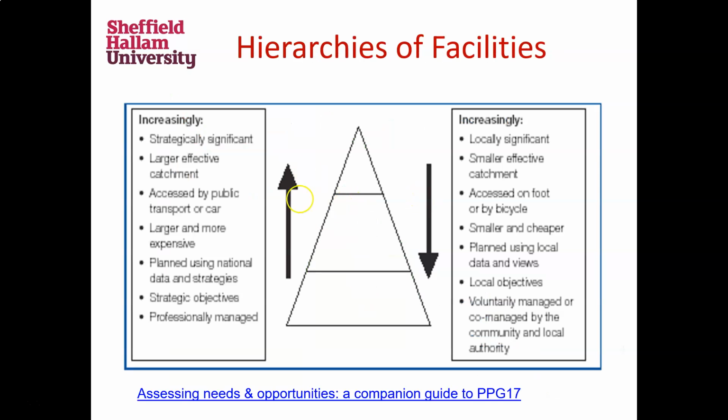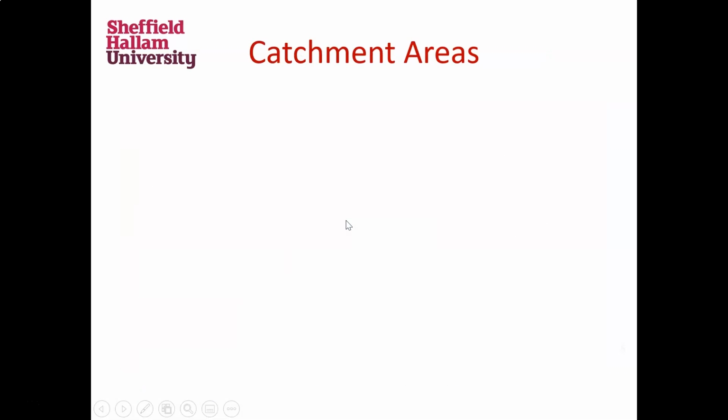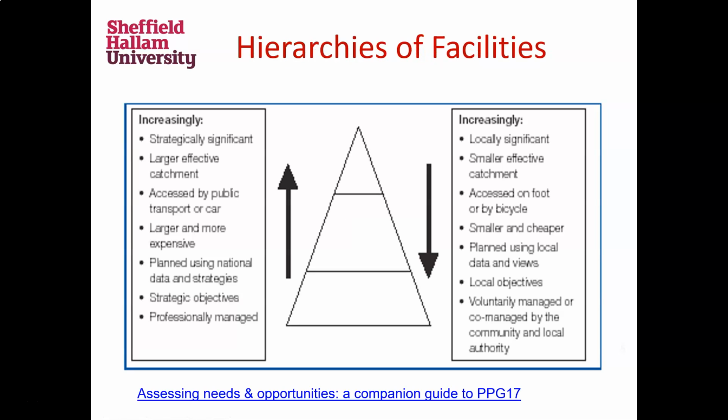We could have things which have a very high facility pull and which are relatively unique. We have ones which are significant regionally and locally, but we need to think about siting them for maximum convenience for travel. And then we have facilities which need to be located locally.